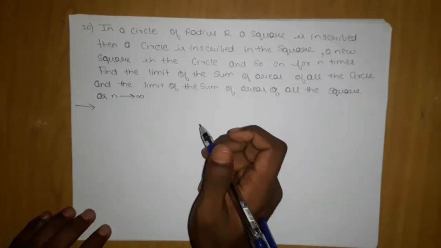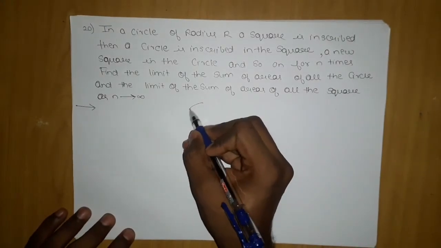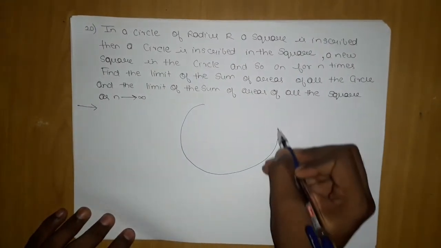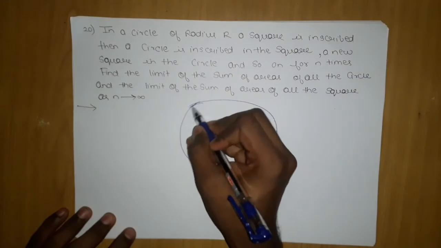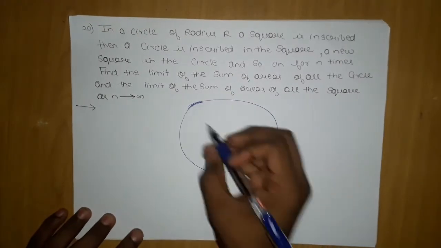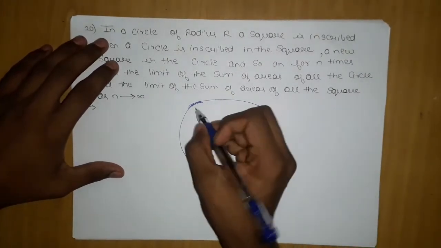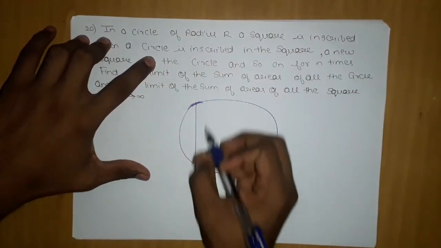Now what they are giving us is actually this: a circle is there. My drawing is not good. Then there is a square, some square.